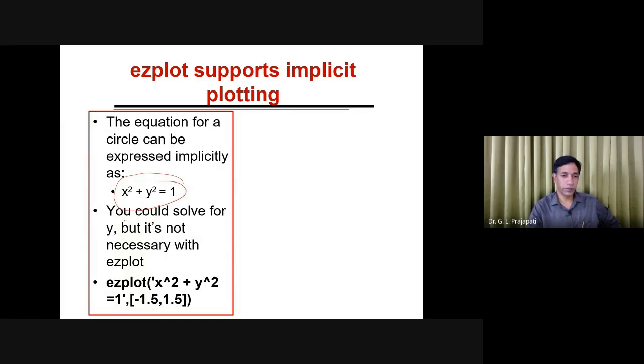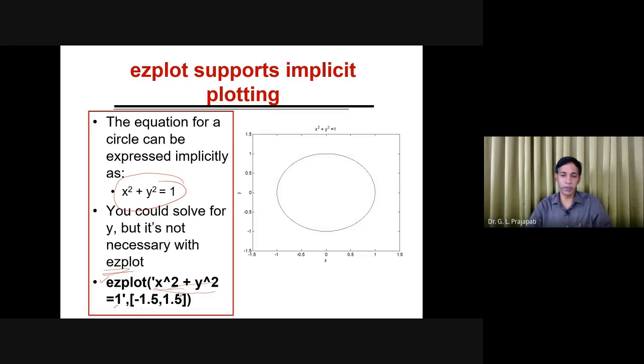You can solve for y, but this is not necessary because you have ezplot. You write the equation as a symbolic expression and give the range minus 1.5 to 1.5. You have not determined any x point or y point. So in a very simple way you can plot and get the answer.